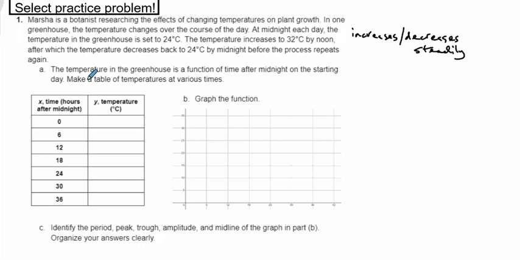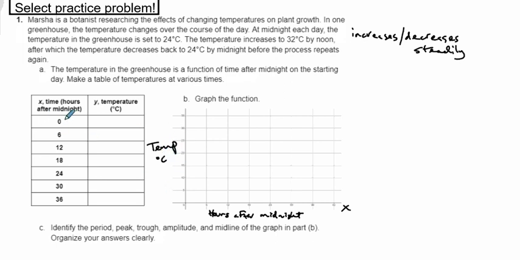Letter A says the temperature in the greenhouse is a function of time after midnight on the starting day. Make a table of temperatures at various times. The starting day is 0 hours after midnight. This is our x, hours after midnight, so that's our time. And this is our temperature, in degrees Celsius.